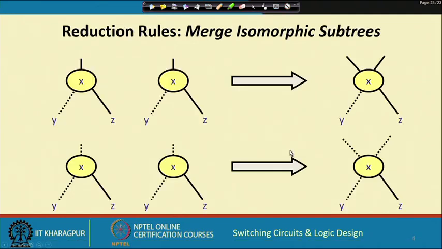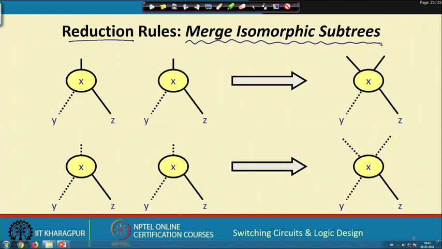So, this is explained diagrammatically here. First is the reduction rule, where we say that if we find isomorphic subgraphs, merge them. So, two cases are shown here. There can be other similar cases also.